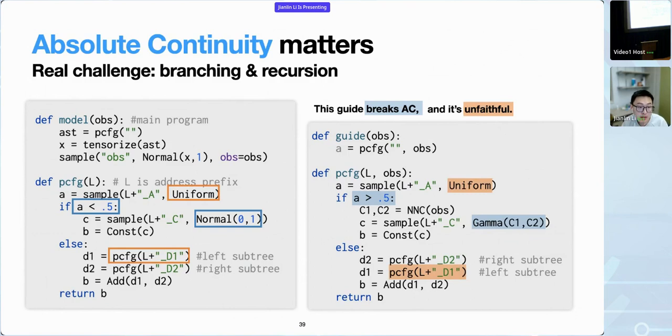Soundness aside, this guide program is unfaithful. Since it does not encode correlations, it treats all random variables as independent. In fact, it is not entirely clear how to even manually create a faithful yet parsimonious guide for this PCFG model because of general recursion.